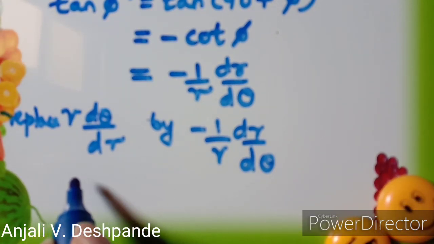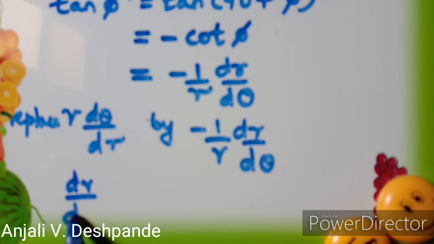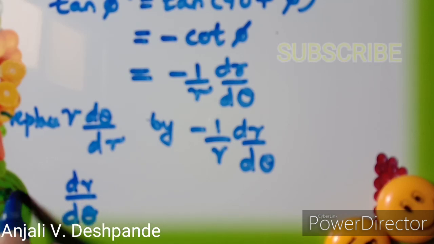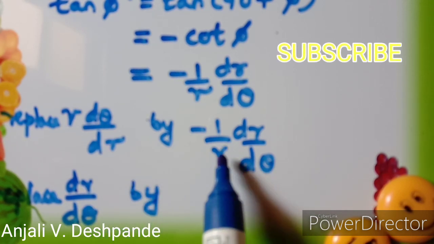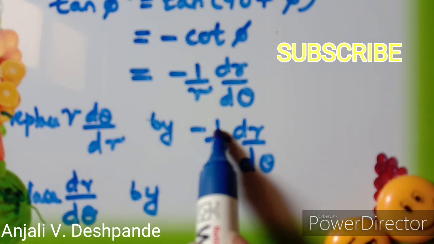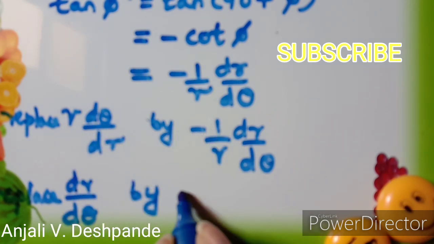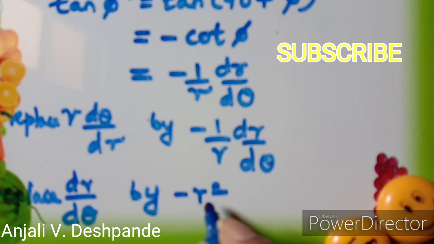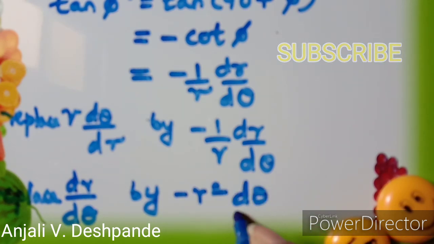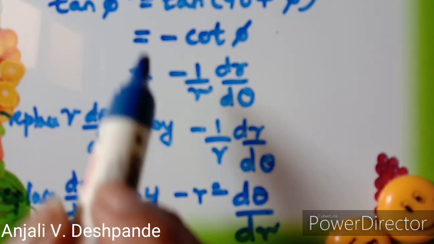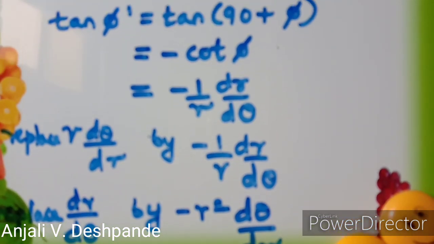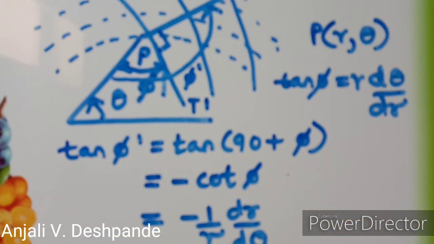In other words, you are going to replace dr by d theta by, see, I am multiplying r over here and taking the minus sign to this side, minus r square d theta by dr. So this is the reason why we are replacing dr by d theta by minus r square d theta by dr. You can rewind the video and go through this explanation one more time so that you can understand why we are doing this replacement.